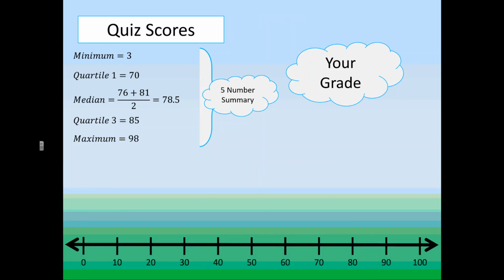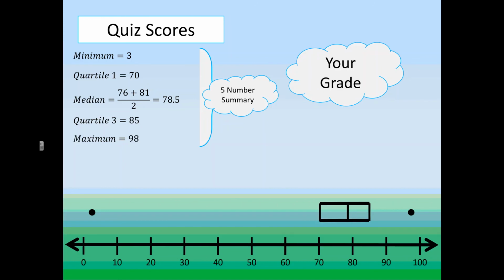Because the 5-number summary is such a good measurement of a population, many scientists like to put a graph to this. So what they do is they mark the minimum and then they mark the maximum with dots. Then what they do is they mark the quartiles with lines and the median with a line.